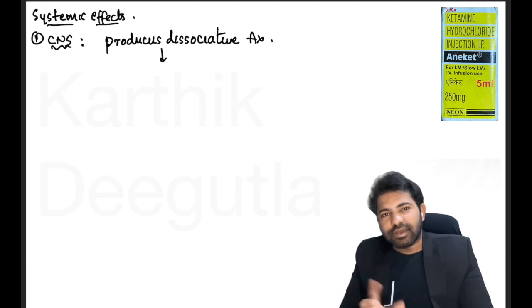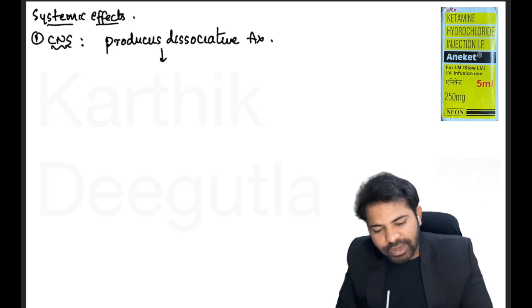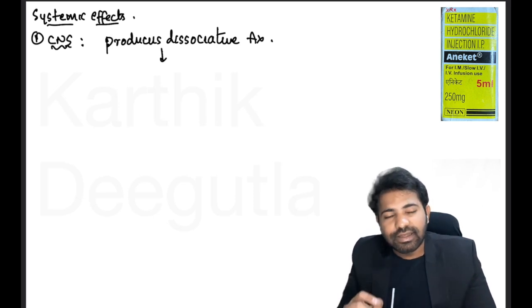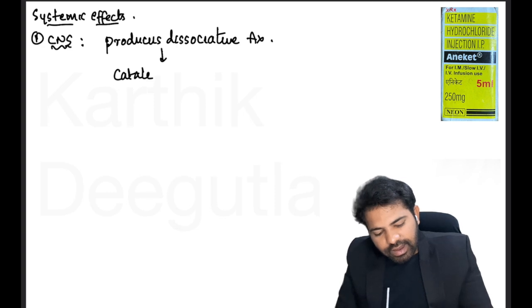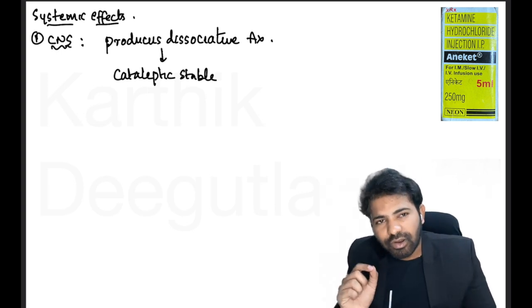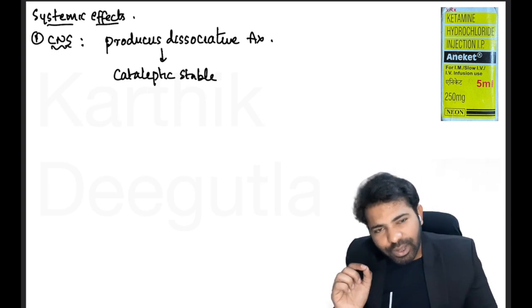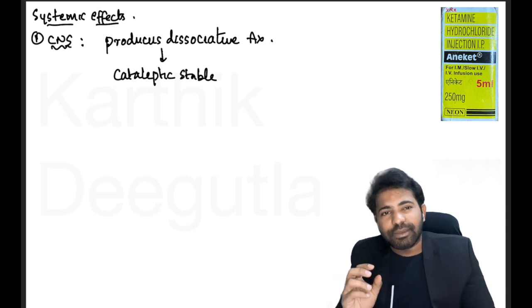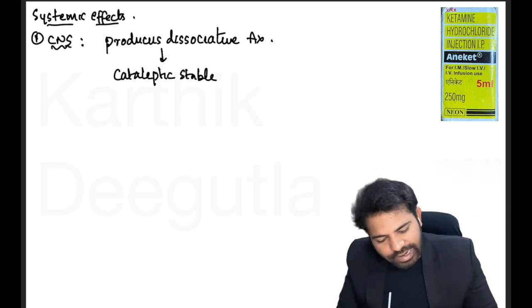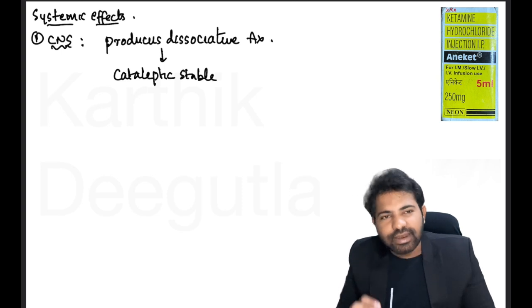What happens in dissociative anesthesia? The patient is in a cataleptic state. He will have adequate analgesia, but he will keep his eyes open and maintain some reflexes, the swallow reflex.